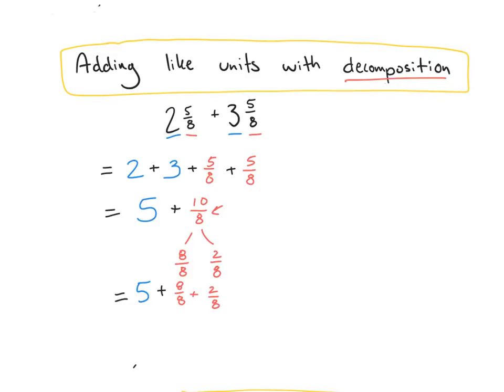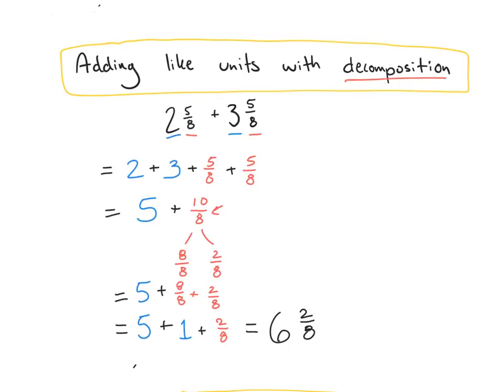Since 8/8 is the same as 1 whole, I can rewrite this as 5 plus 1 whole plus 2/8. And if we combine that all together, we get an answer of 6 and 2/8.